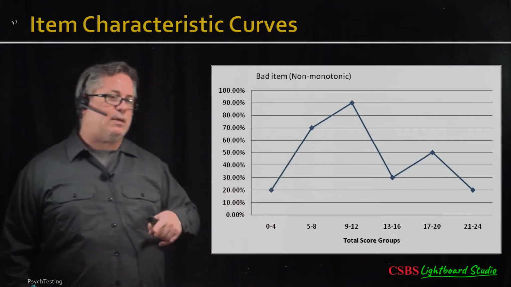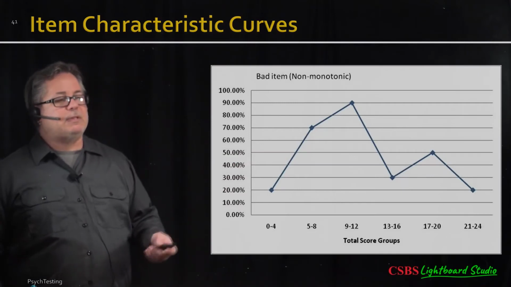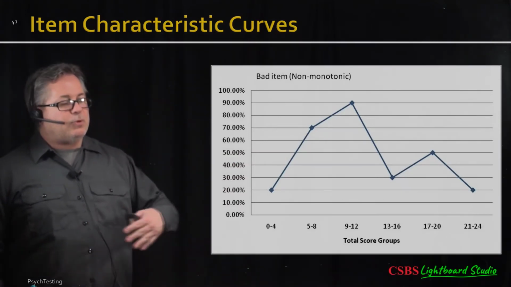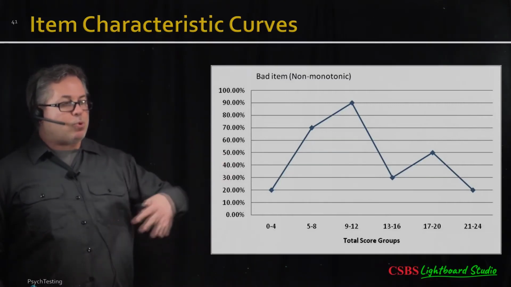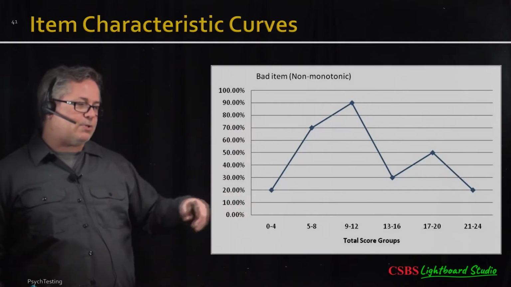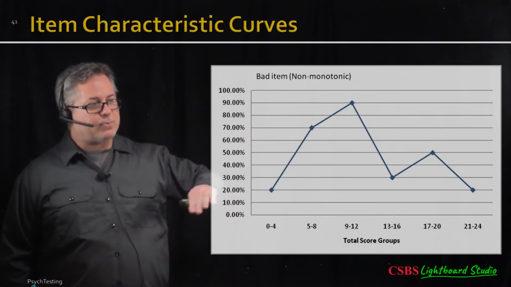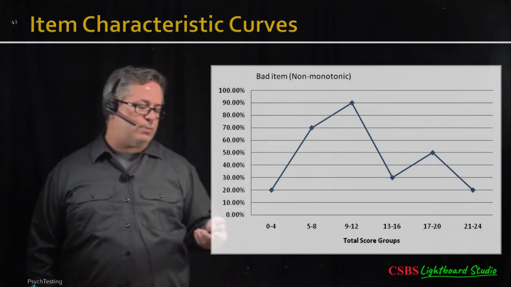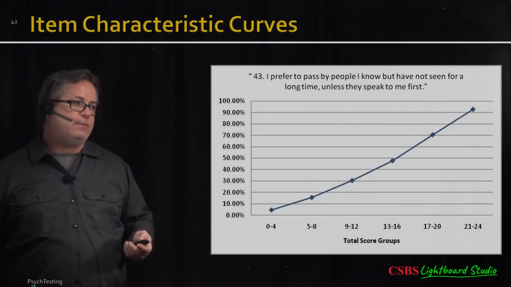So we'll come back to that at the end of this. But for now, we're expecting that more endorsement, more items answered, means more of a trait. So for each item, as you look at the total test score groups, you should get more endorsement as you go up in group. More people should be answering that question correctly. That's what we're assuming is going on with the items.